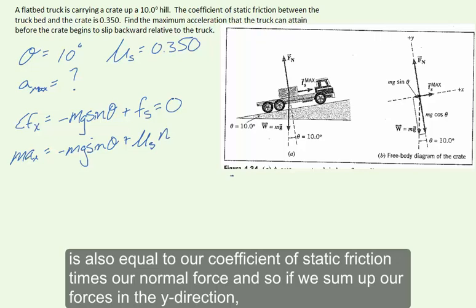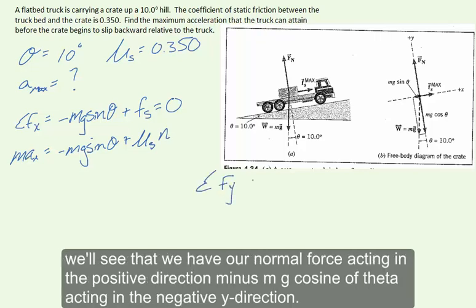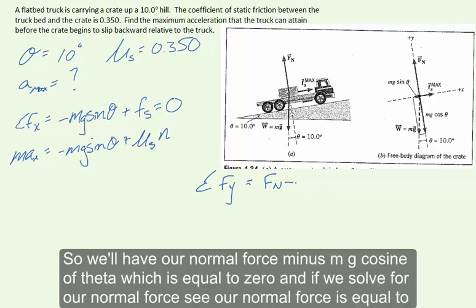If we sum up our forces in the y direction, we have our normal force acting in the positive direction minus mg cosine theta acting in the negative y direction. So we'll have our normal force minus mg cosine theta, which is equal to 0.